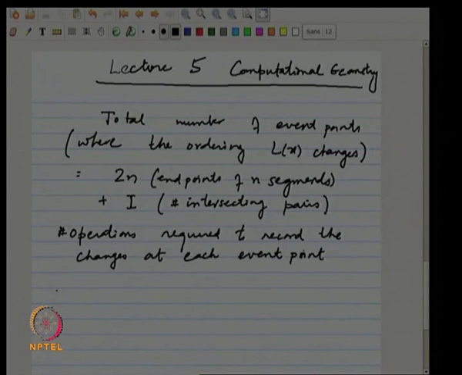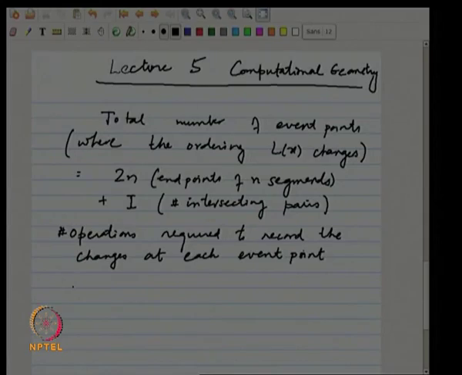If we get a bound on this, then we multiply it by the total number of event points and we are done. Here we make the simplifying assumption, though I also mentioned that it is not necessary, that there are no three concurrent segments at a given point. The total number of changes that can happen at any event point with this assumption is constant.